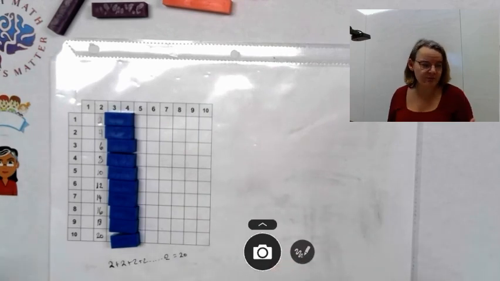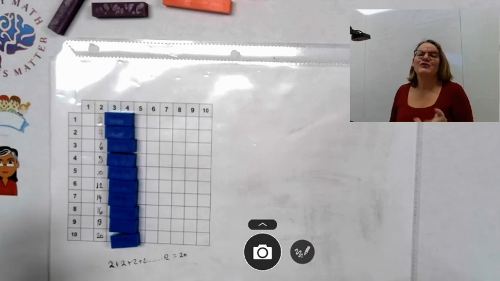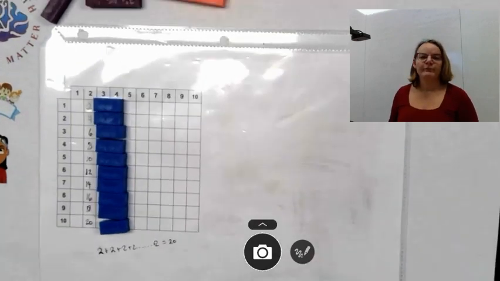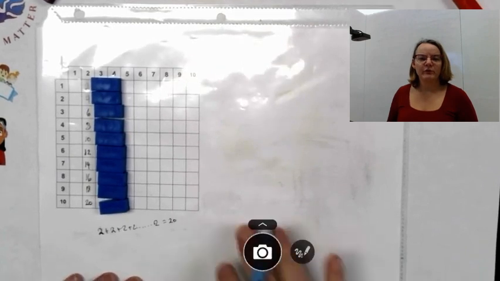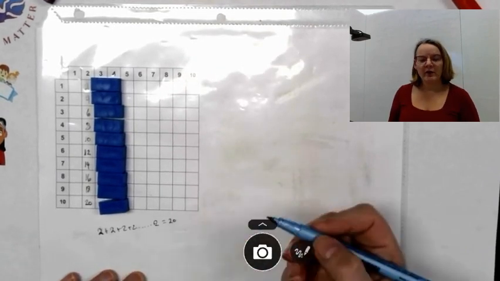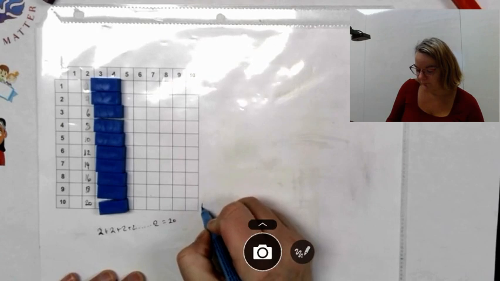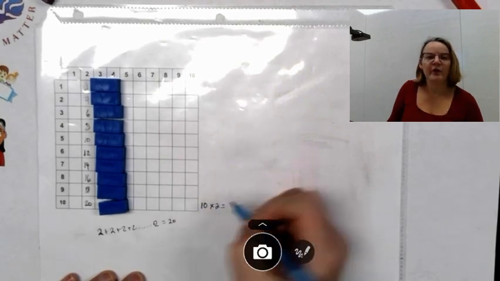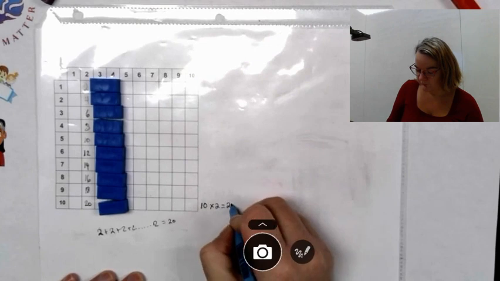So mathematicians have another way to show 10 twos. Just going to move this up a little bit so this image doesn't get in the way. So a mathematician could write 10 twos has an area of, or has a value of, 20.